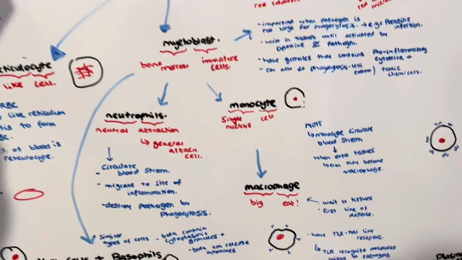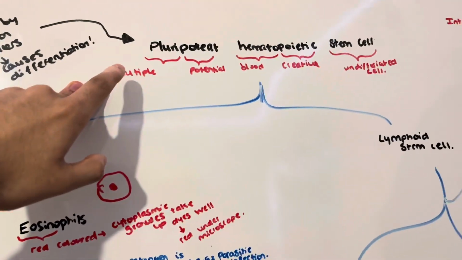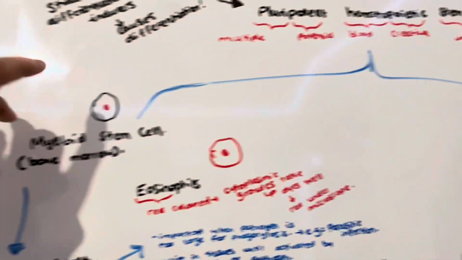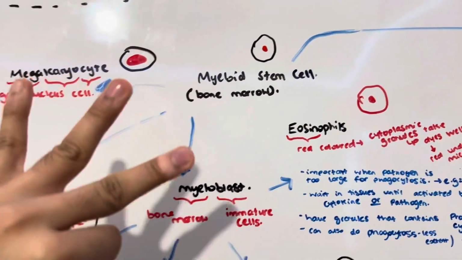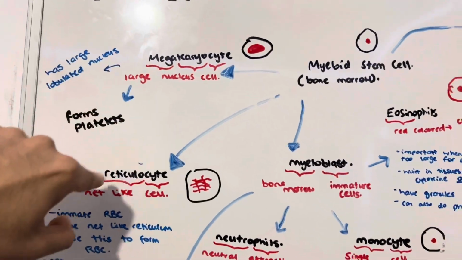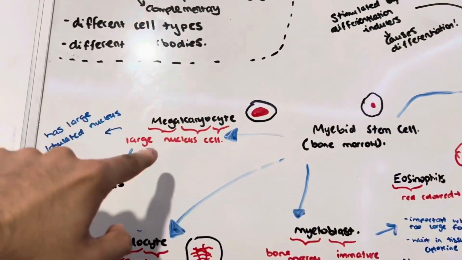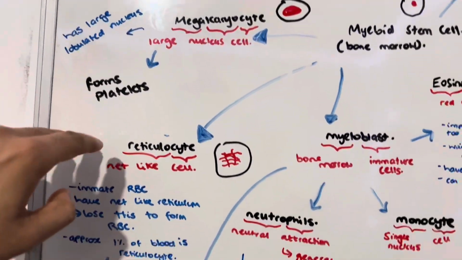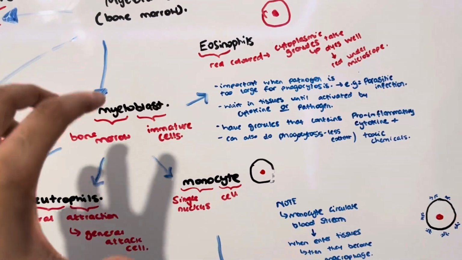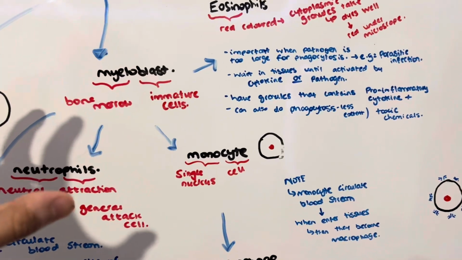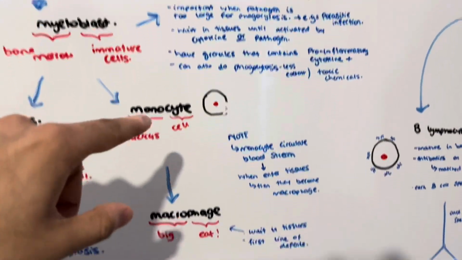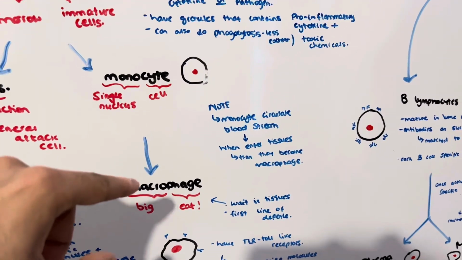So if I summarize quickly, pluripotent hematopoietic stem cells form our myeloid stem cells, which have three categories: megakaryocytes, reticulocytes, and myeloblasts. Megakaryocytes form our platelets, reticulocytes form our red blood cells, and myeloblasts form the majority of the cells you associate with the immune system. Monocytes form macrophages when they enter the tissues.